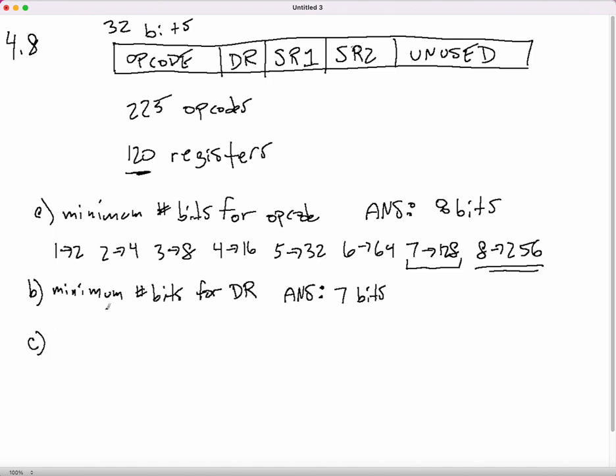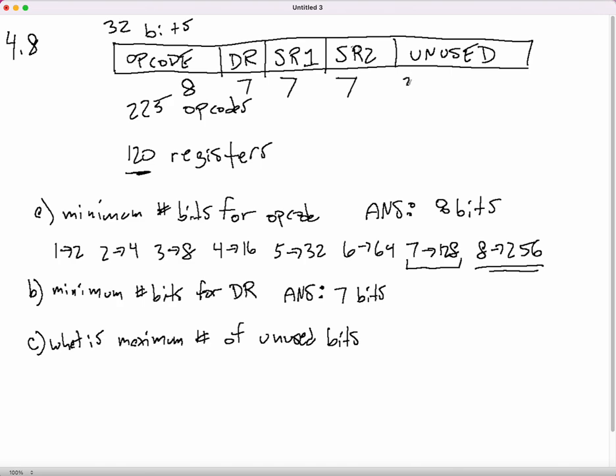So C is, what is the maximum number of unused bits? Well, looking at our previous answers, we know that the answer for the opcode is 8. We know that for each one of these registers, I would have to use 7.